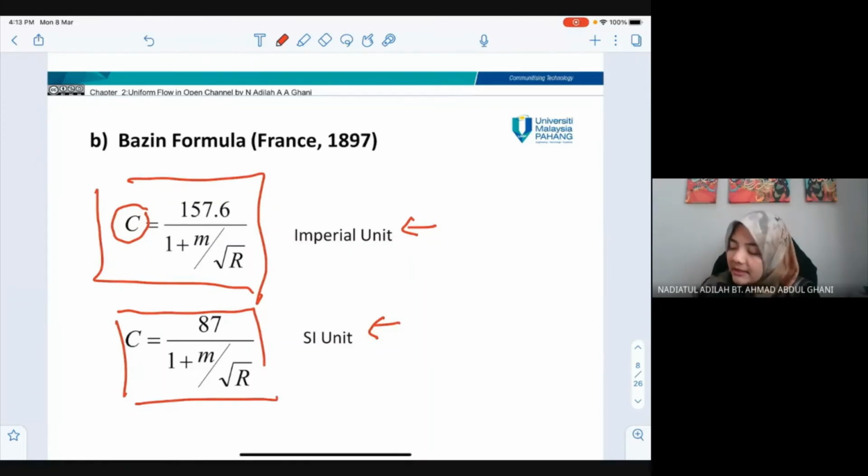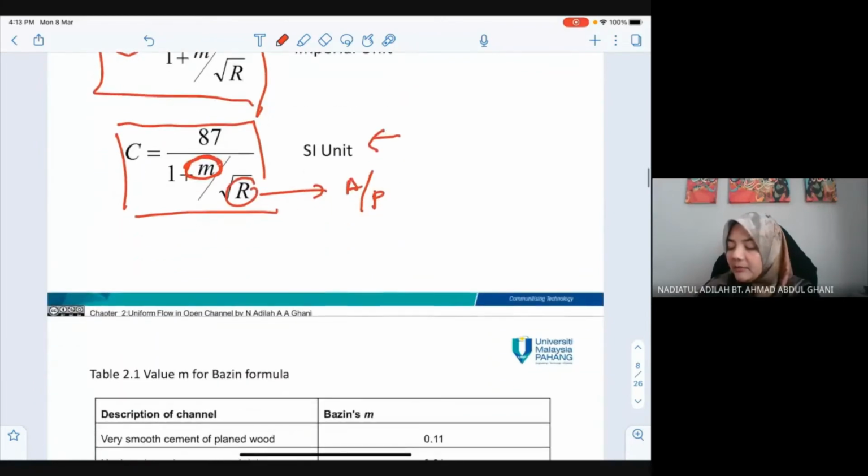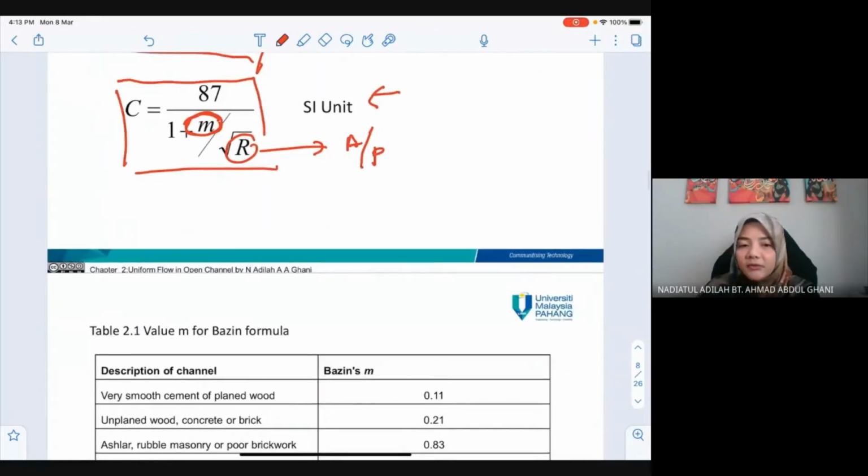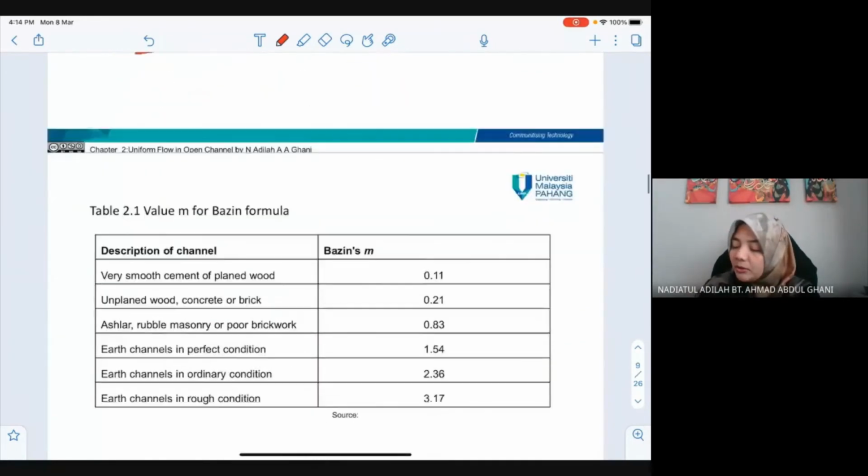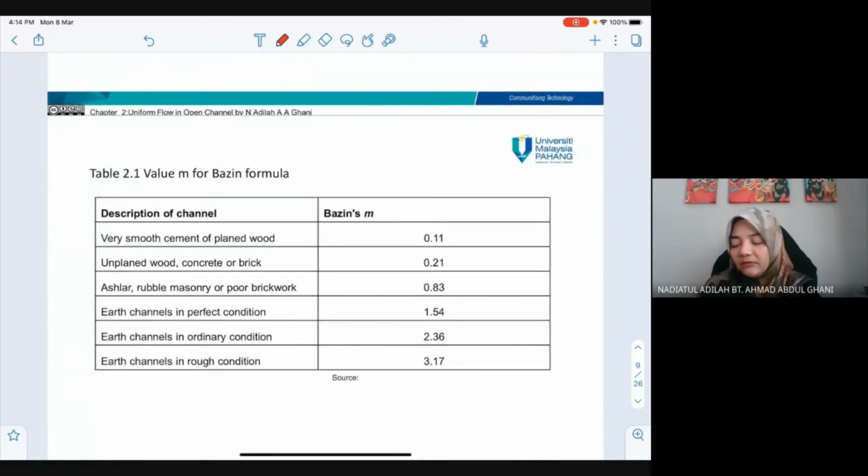Alright, so this formula also has N and R. R ni ialah A over P, depends on the type of the channel. And M ini ialah dia punya roughness ataupun the description of the channel. Kadang-kadang dia bagi value, kadang-kadang dia minta you refer table. So the question must give a clear figure ataupun clear description about that channel.